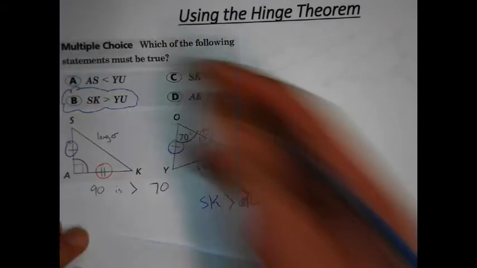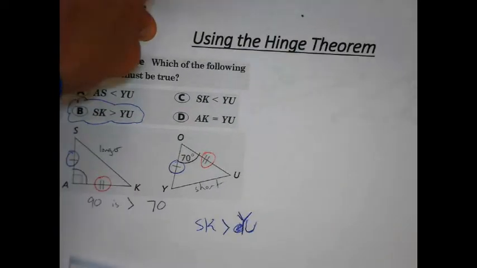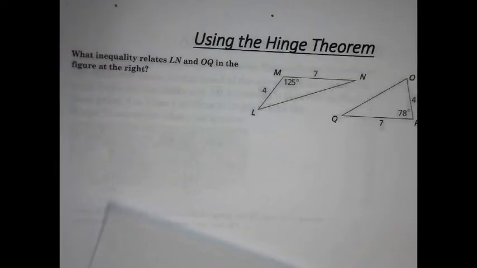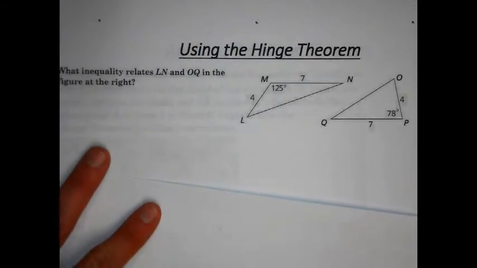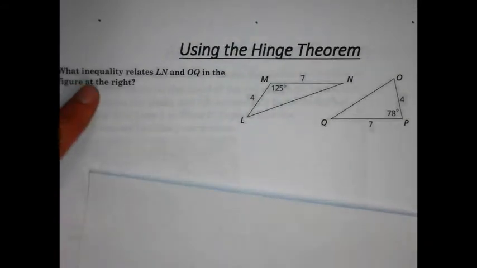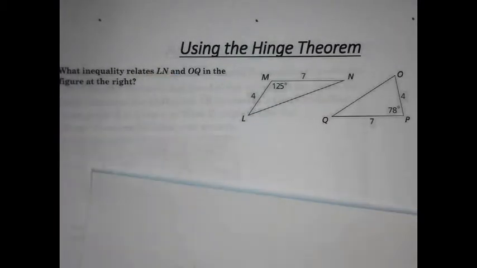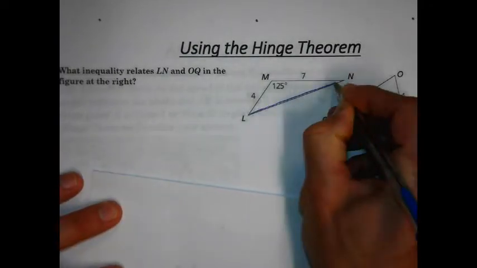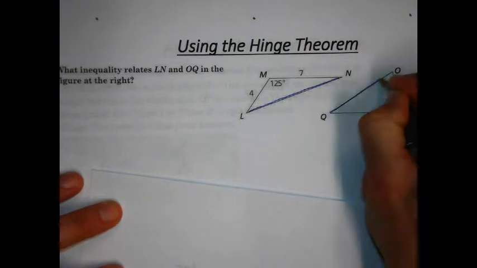Most of this, especially when we deal with inequalities, is translating English into math. So let's move on to another example using the Hinge Theorem. Here we have another diagram. What inequality relates LN and OQ in the figure at the right? Here's LN, and here's OQ. Can we use the Hinge Theorem here?